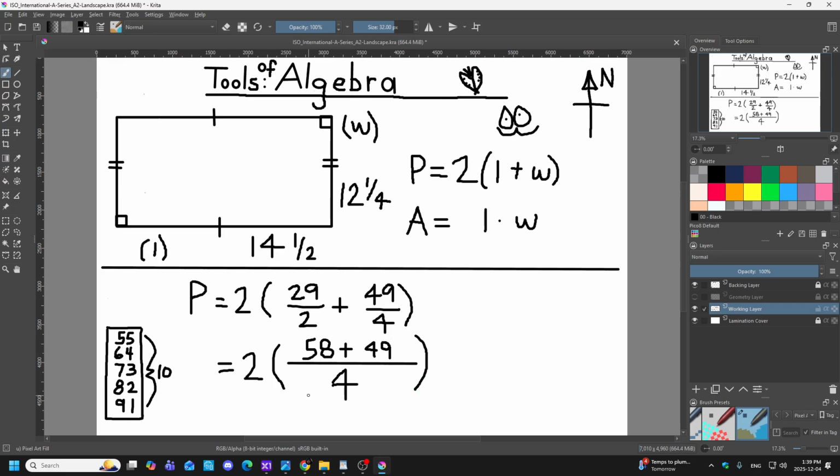All right, I'm going to end up with, I could actually factor here as well. So I'm going to make this a 1. This is going to be a 2. Because I'm multiplying, I could do this. I just reduce that. We're going to end up with 58 plus 49.